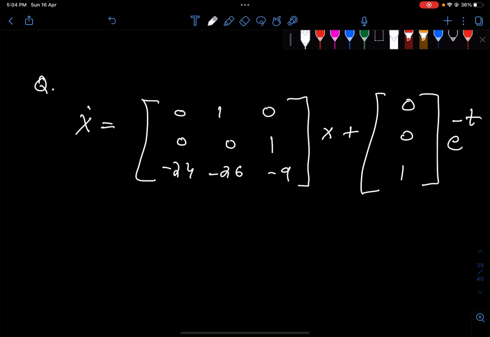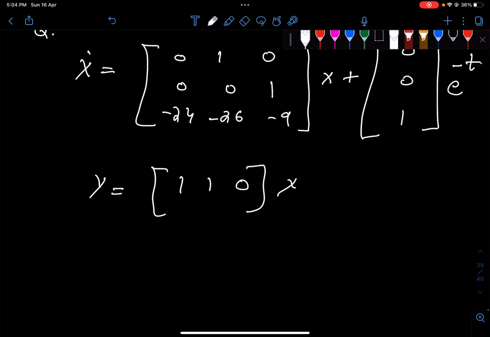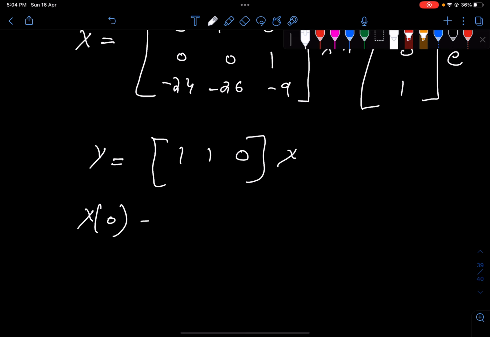Instead of u, they have given e to the power minus 2t. And y is nothing but 1 1 0 x. They have also given x of 0 is 1 0 2.